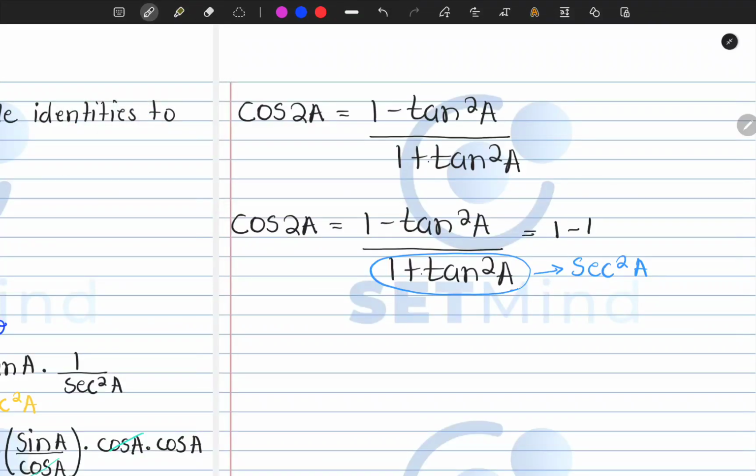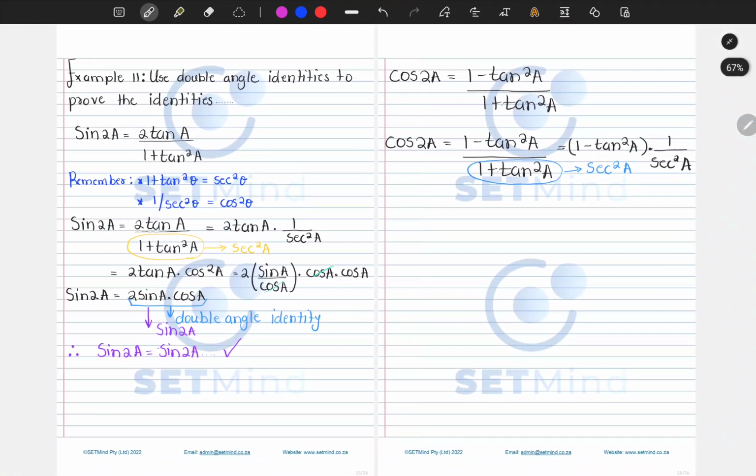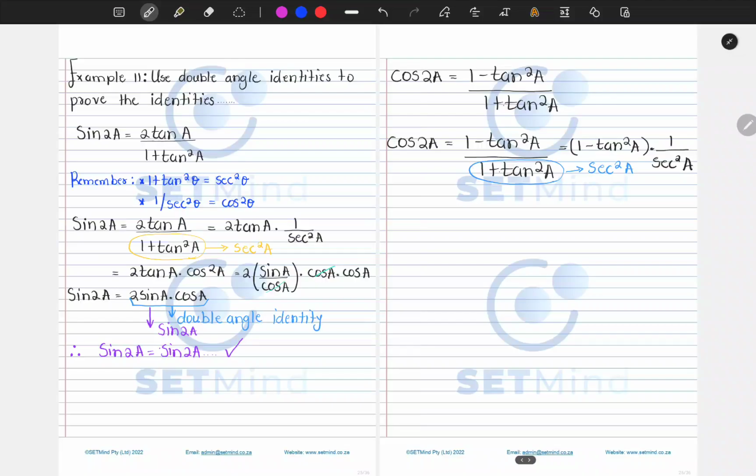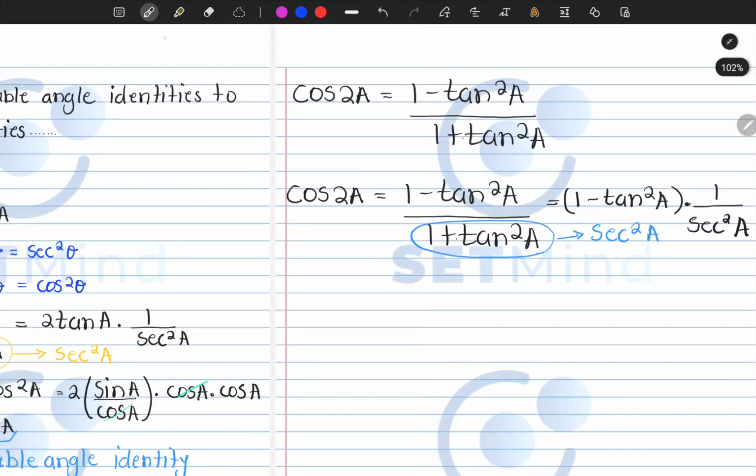So which means we have 1 minus tan squared A, and this is just multiplied by 1 over sec squared A. And on the previous page, we established that 1 over sec squared of an angle gives us cos squared of that angle. So what that means is that we'll end up having 1 minus tan squared A multiplied by cos squared A.